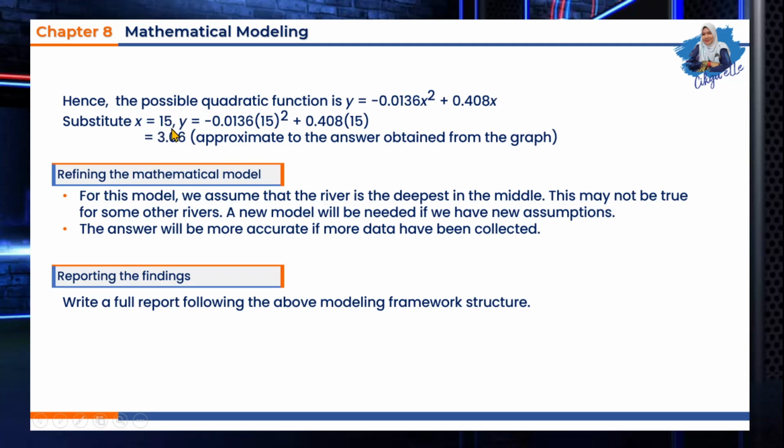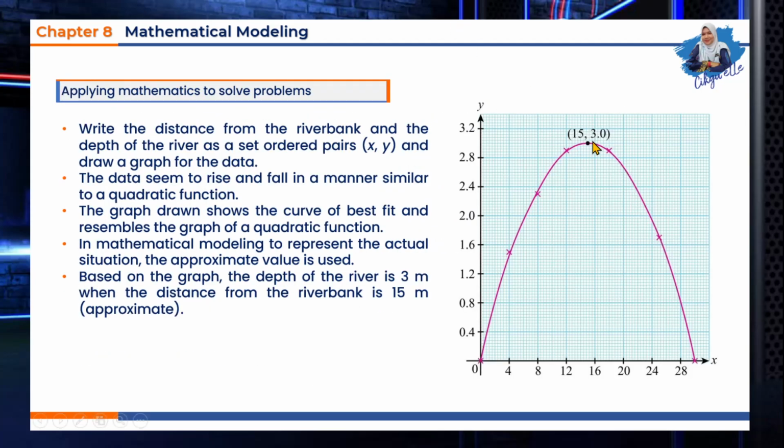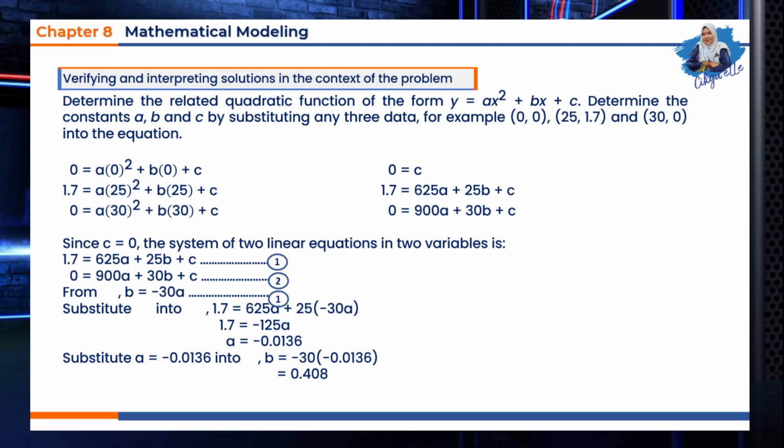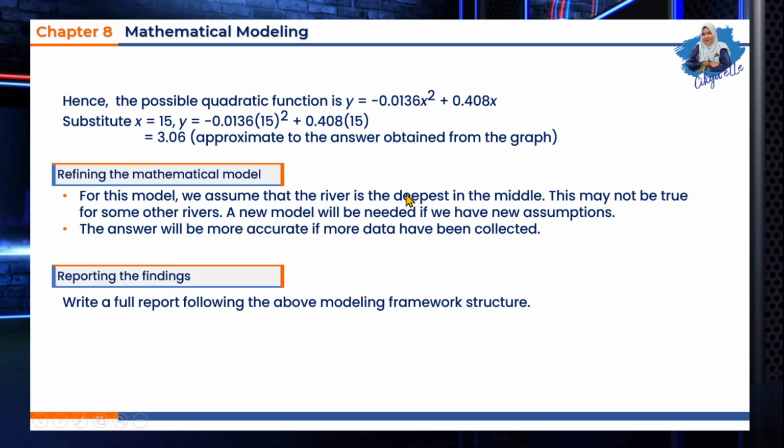How do we know what is value x? Based on the step where we draw this graph function, the maximum value of x, the maximum value for y. So in these steps, substitute x equals 15 in this equation to find what is y.